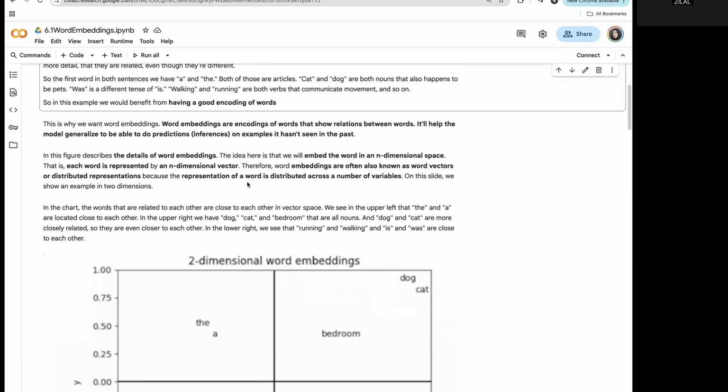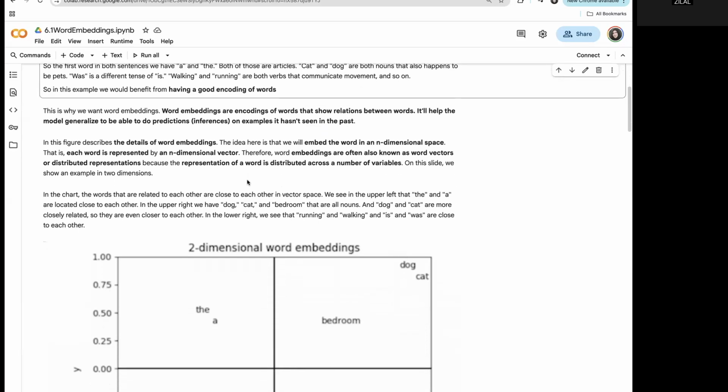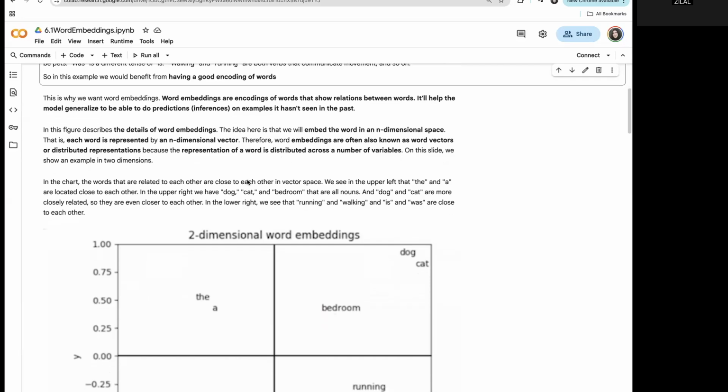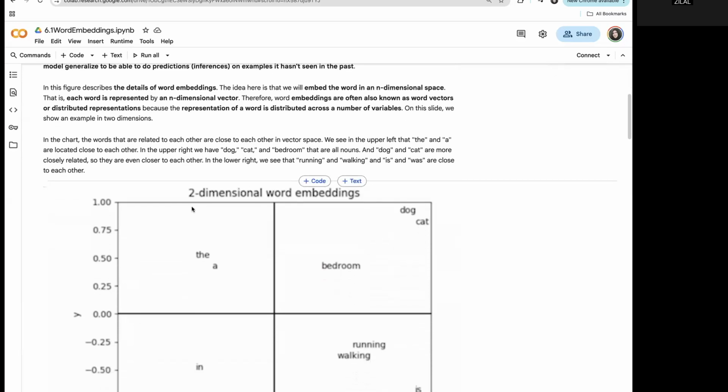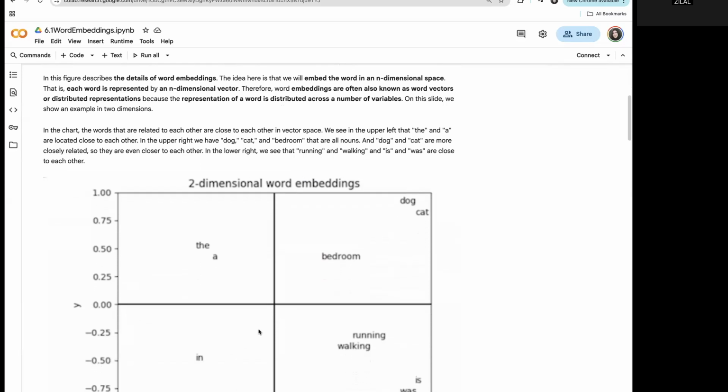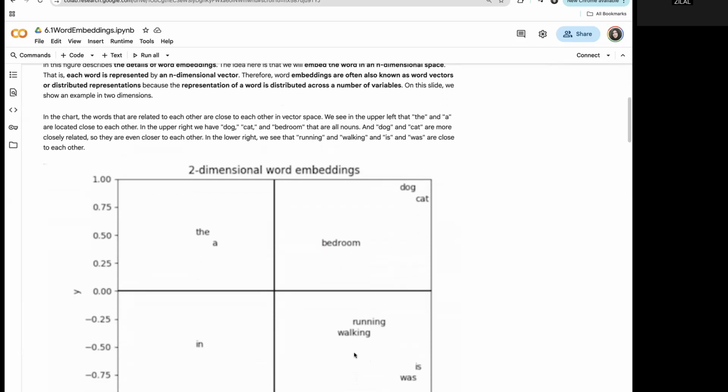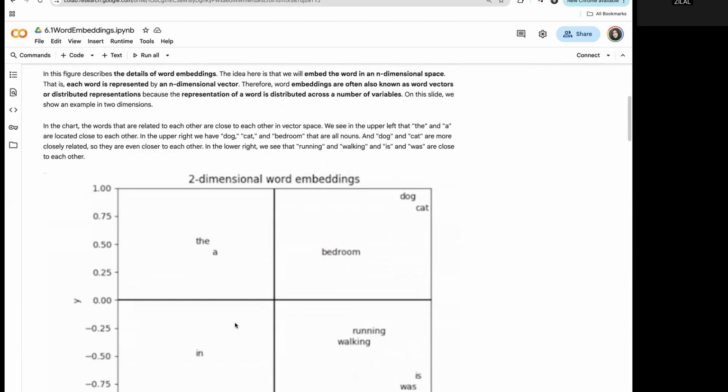Word embeddings are encodings of words that show relations between words. They help the model generalize to be able to do predictions, or inferences, on examples it hasn't seen in the past. In this figure, which describes the details of word embeddings, the idea is that we will embed the word in an n-dimensional space.